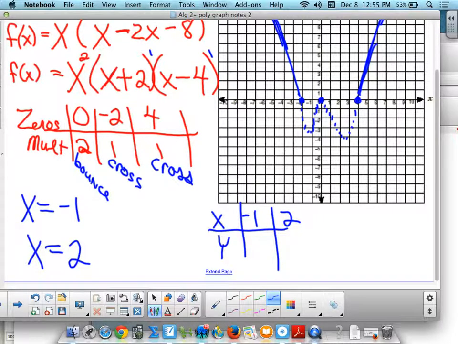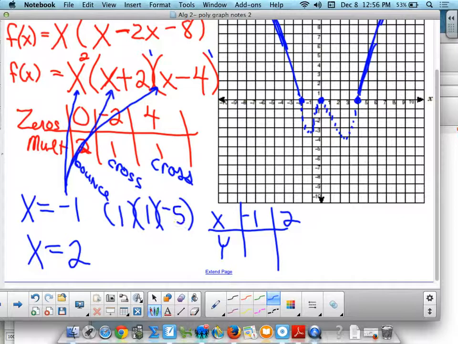Okay, let's go. -1 goes in here, square it. 1. -1 goes in here, 36. That's 36. 1. -1 goes in here, -5. What's the answer? -5. I thought I could hear a lot more people say it right away.